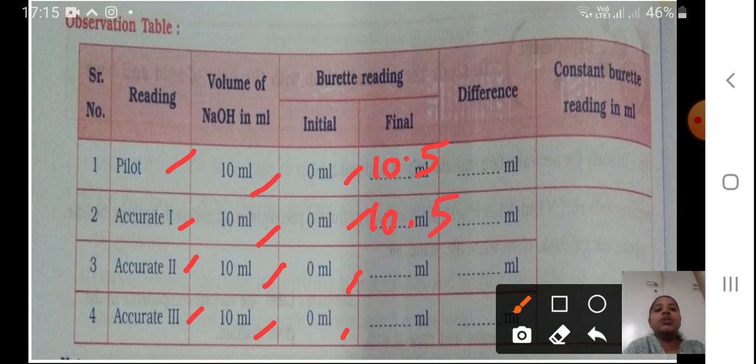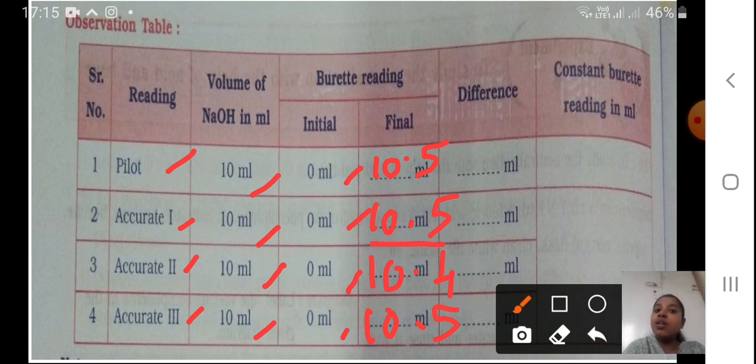Then second time again, for example, if I got 10.4, like this you can get readings, a point difference you can get. Did you understand? But all the 3 readings will be nearby to each other. For example, one more reading I got 10.5. So tell me, what is the constant reading in this, students?